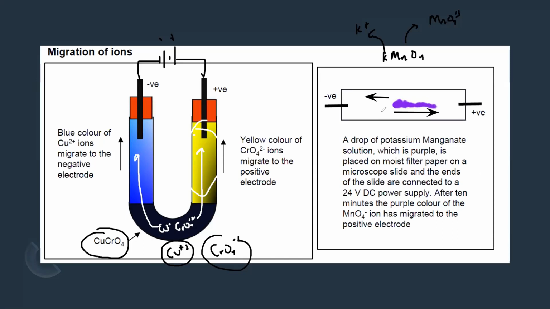Is it clear? This concept, how we can use electrolysis to locate the movement of the ions? Any doubt in this part?